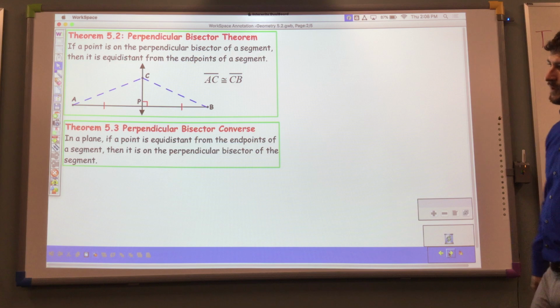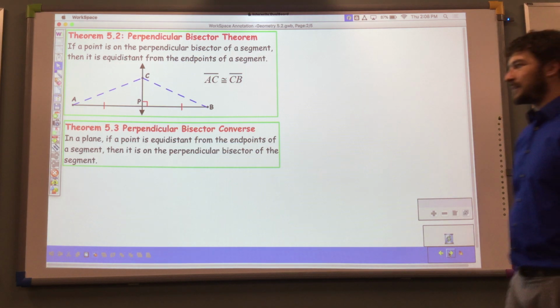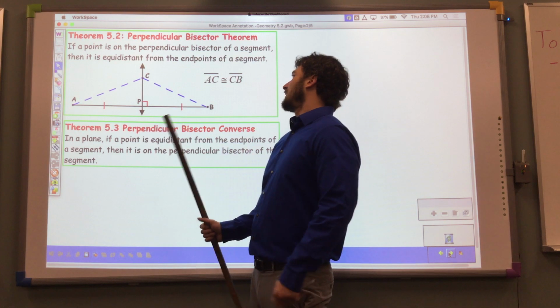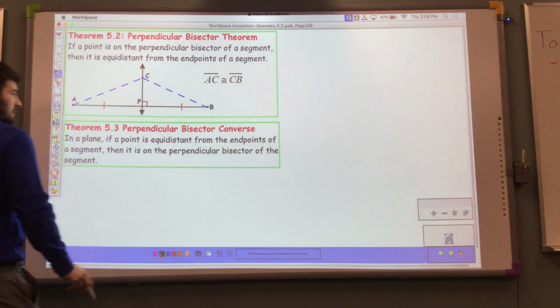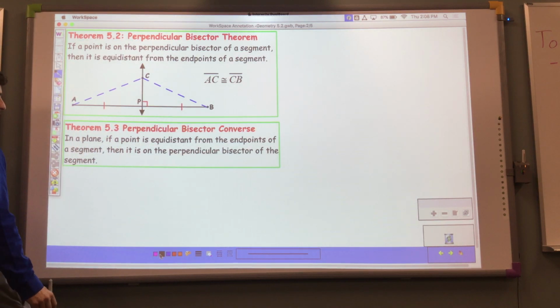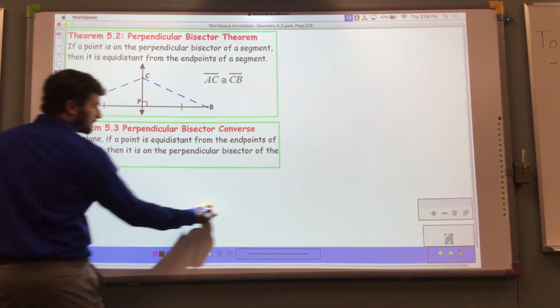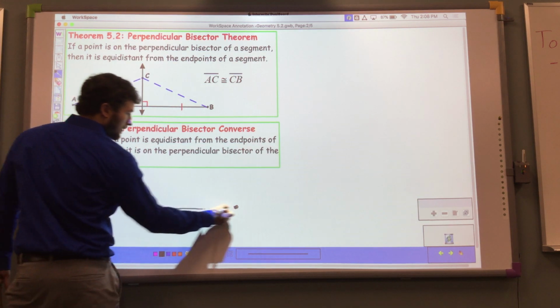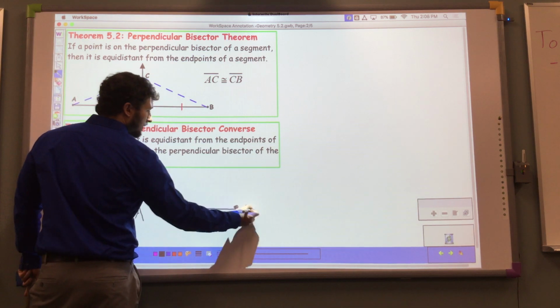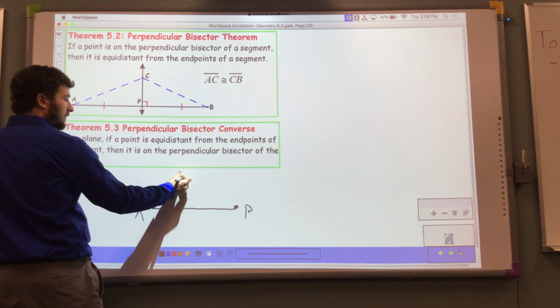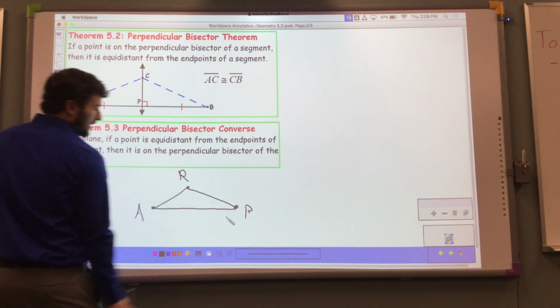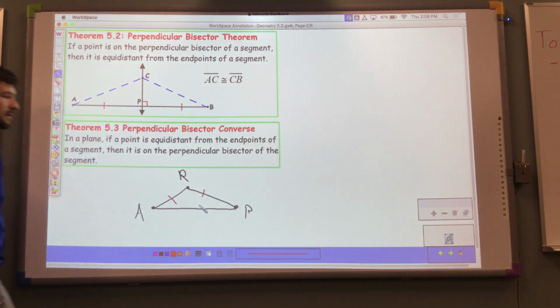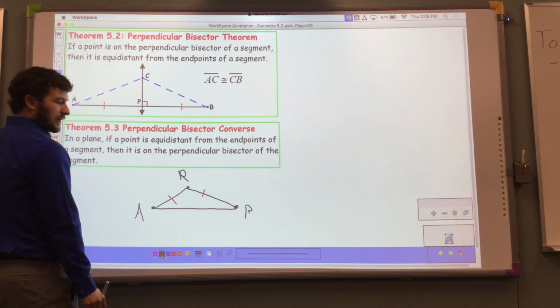Perpendicular bisector converse says in a plane, if a point is equidistant from the endpoints of a segment, so if I have a segment, we'll call it AB, and our point, let's call it point R, is equidistant to the ends of the segment, then it means it's on the perpendicular bisector.